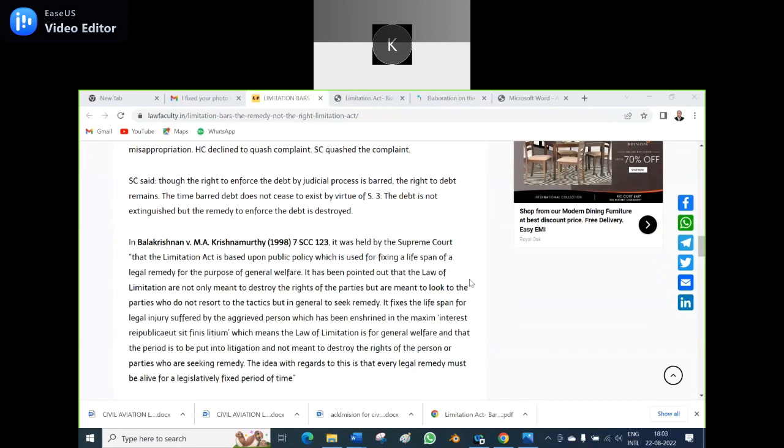That means a time-barred debt does not cease to exist by virtue of Section 3. The debt is not extinguished, but the remedy to enforce the debt is destroyed. So the bank has the right to deduct from the FDR, and the Supreme Court held it.